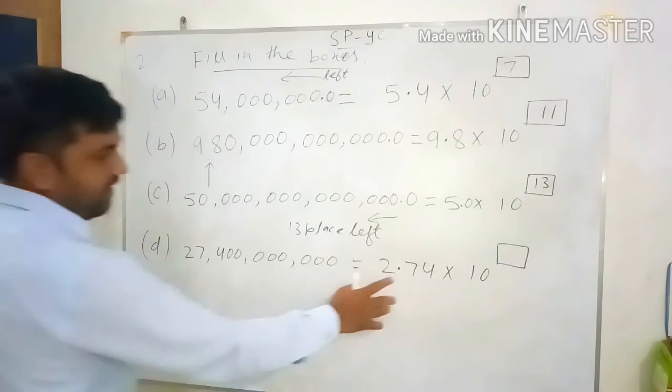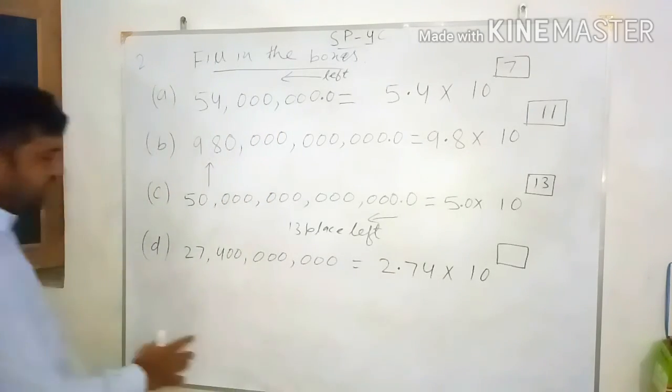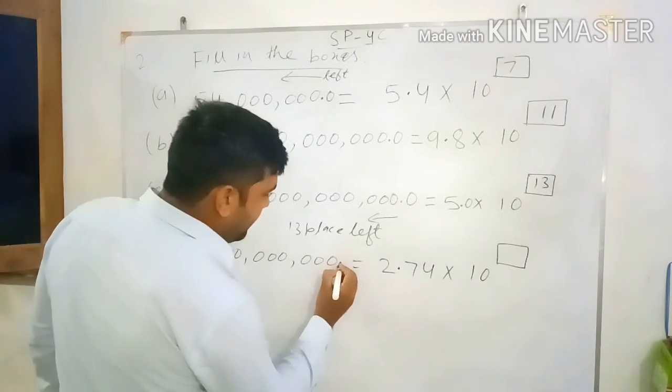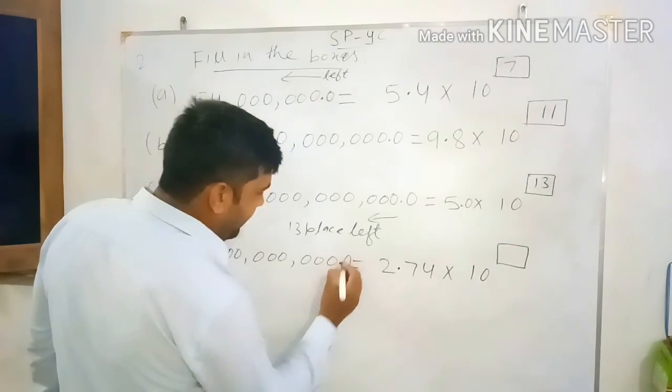Here you can see the decimal is after digit 2. Here I have to bring the decimal after 2. At the end we can put the decimal here. We can assume the decimal is at the end.